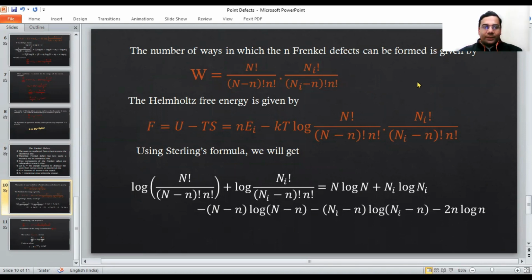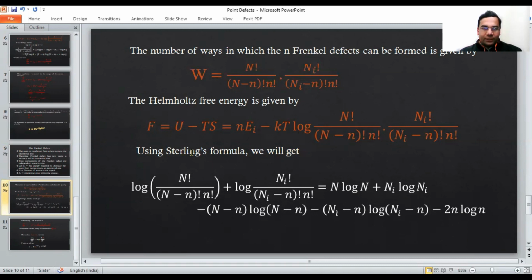Now the Helmholtz free energy is given by F is equal to U minus TS, as we discussed in the previous part of this lecture, which is equal to nEi minus kT log of [N factorial divided by (N minus n) factorial n factorial, times Ni factorial divided by (Ni minus n) factorial n factorial].